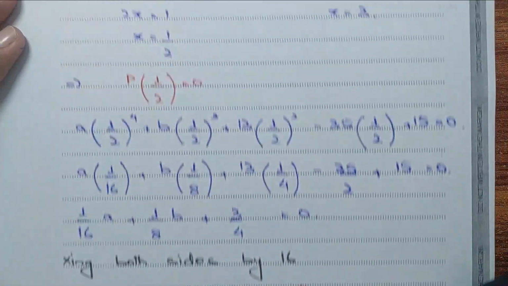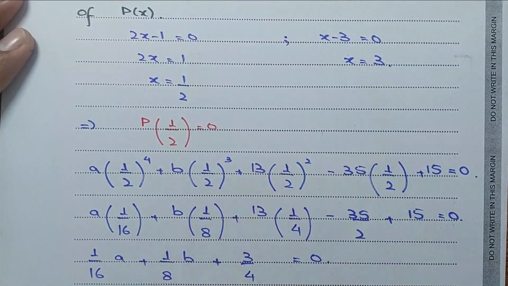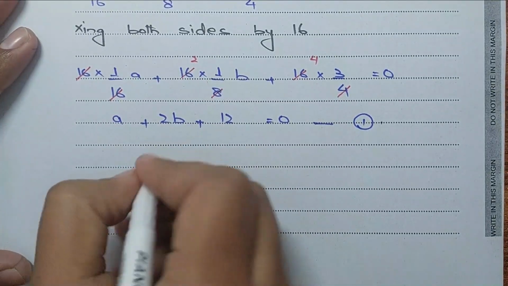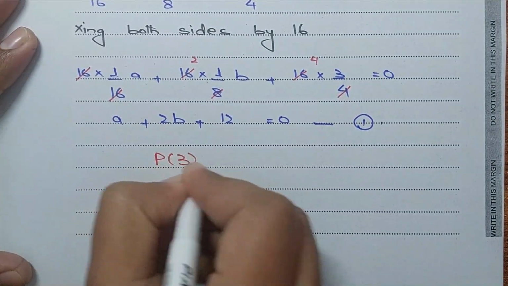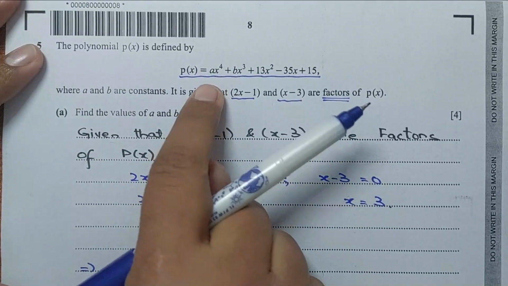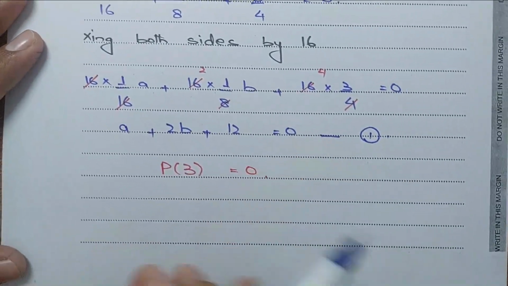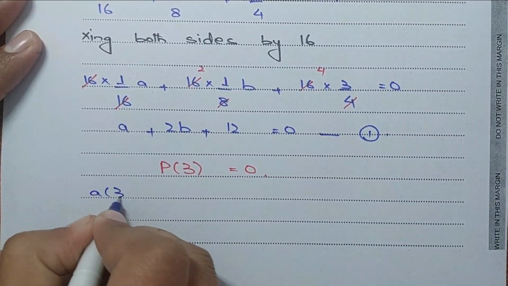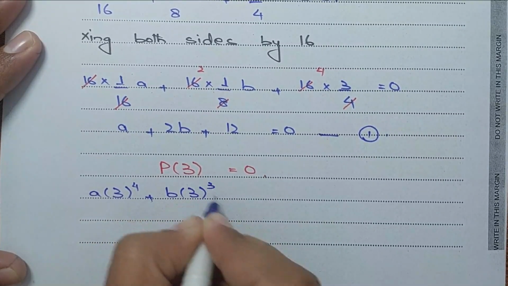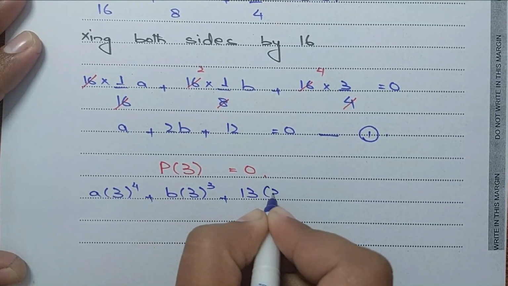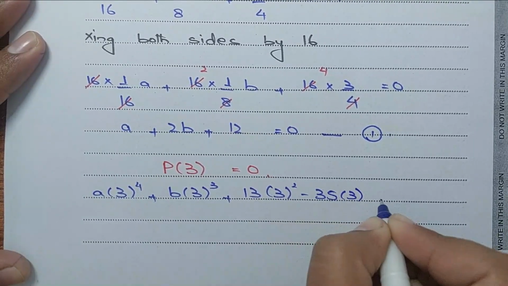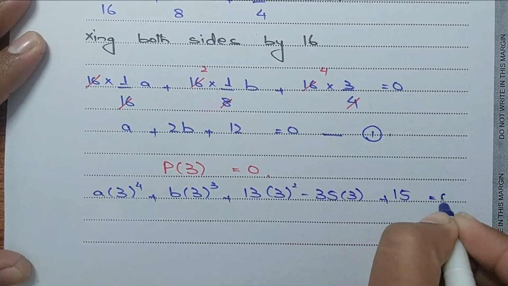Now the second information we have is that p of 3 is also equal to 0 because this number is also a factor, right? So the polynomial when x is 3 would be equal to 0. Just substitute x value equals 3 in this whole polynomial, right? So a, we have 3 to the power 4 plus b, 3 to the power cube plus 13, 3 square minus 35, we have 3 plus 15 equals 0.